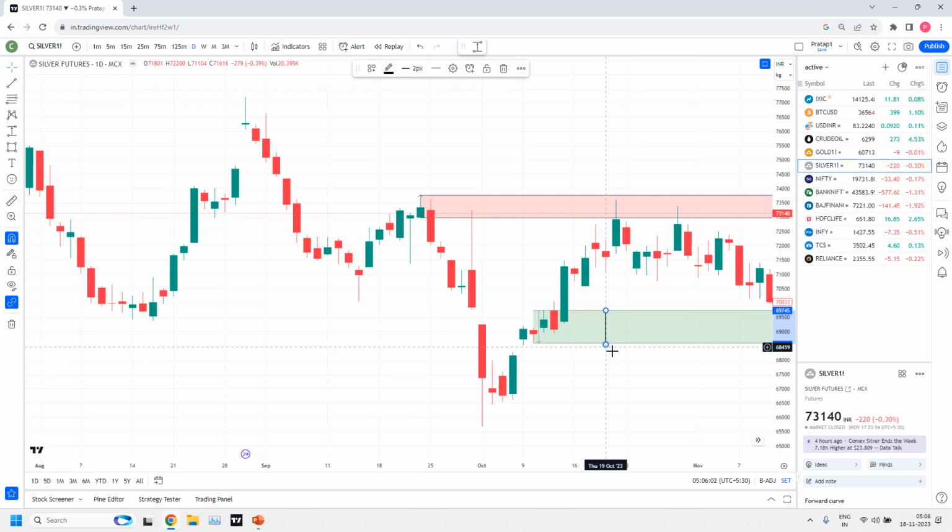This is the risk. What is the reward? From this demand zone to the supply zone, this is the reward. See, this is your risk and this is your reward.